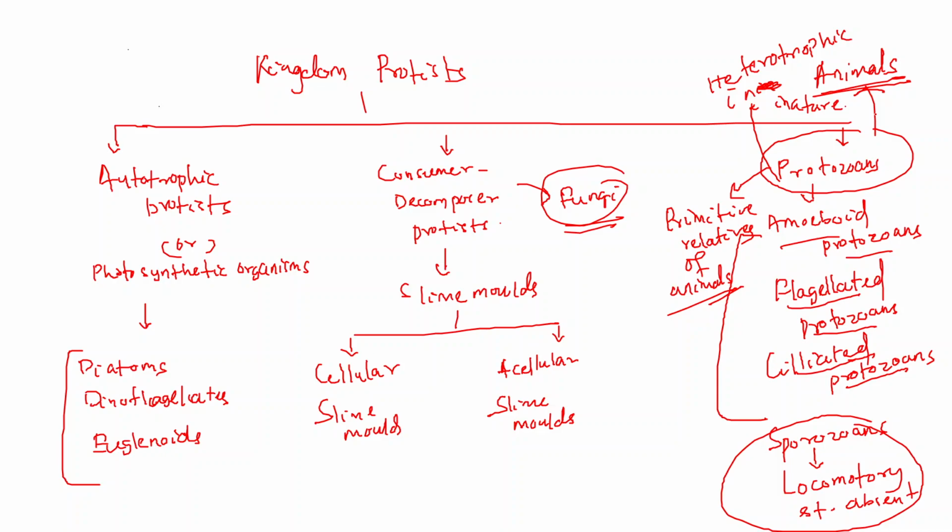Next, we will discuss a little about the different phyla of kingdom Protista, like diatoms, dinoflagellates, euglenoids, and slime molds. First, we will see about the diatoms.